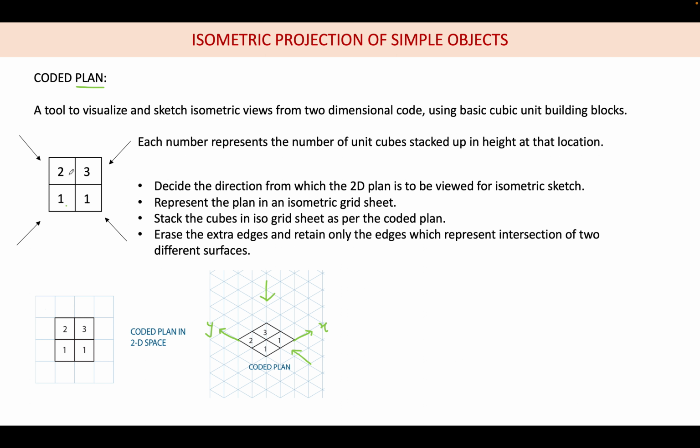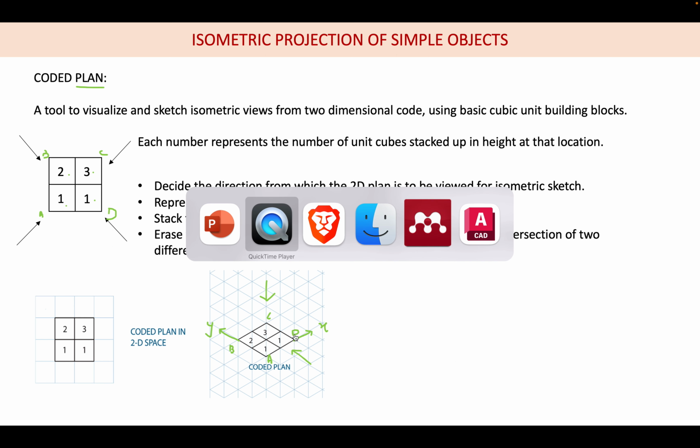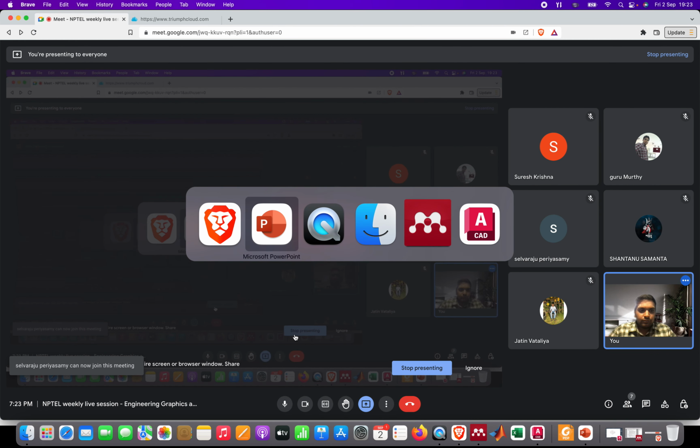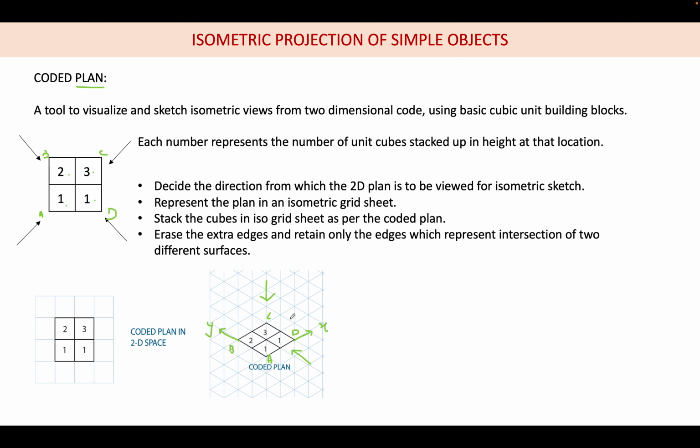If this is A, this is B, this is C, this is D. So this will be my A, B, C and D. Okay, so I have drawn this square in the isometric and I have represented the coded plan.